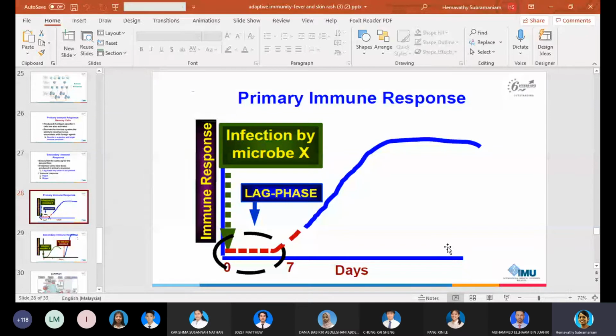This is the first exposure to a particular antigen, and then they would want to indicate how long it takes for that immune response to occur. Could anyone want to summarize, to give a try? Just as how you look at other graphs, you can summarize.